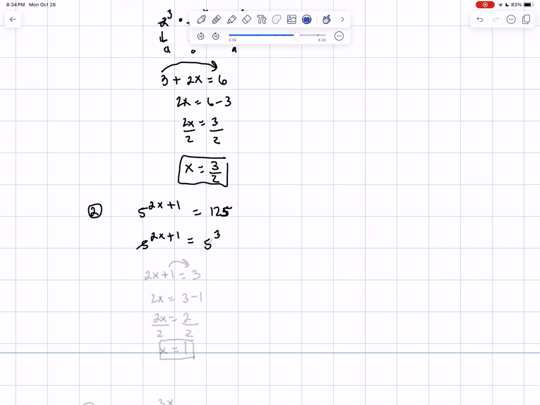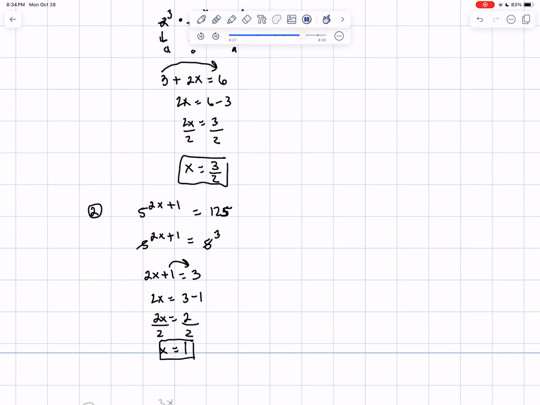So we use our one-to-one property. The 5 goes away. And then we bring our exponents down and simplify. So divided by 2 is going to give us 1.